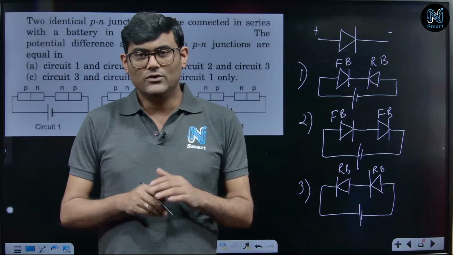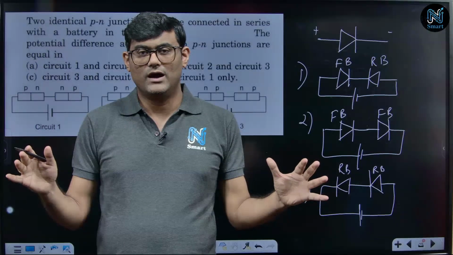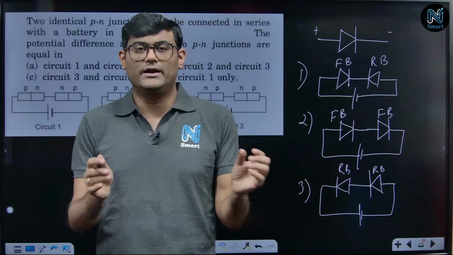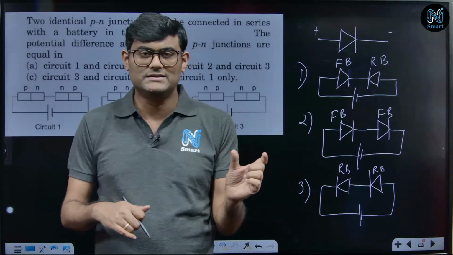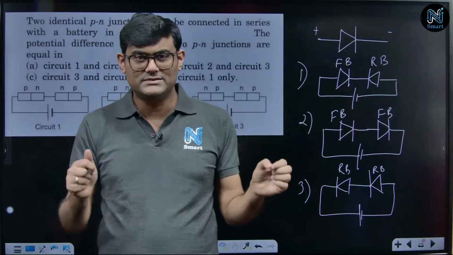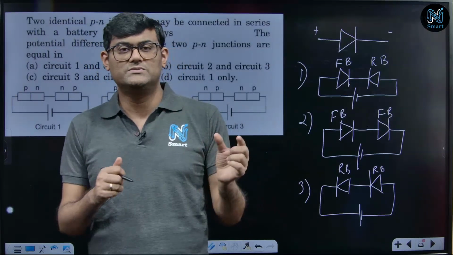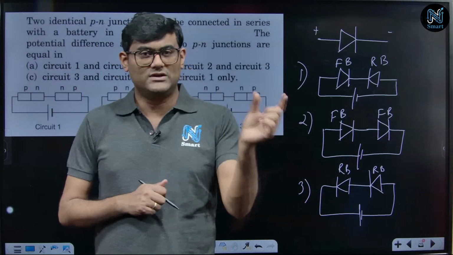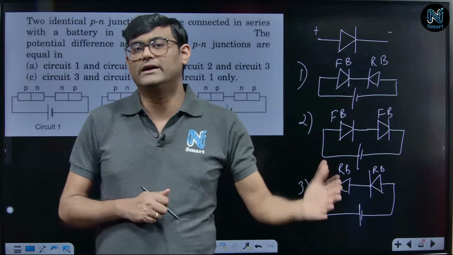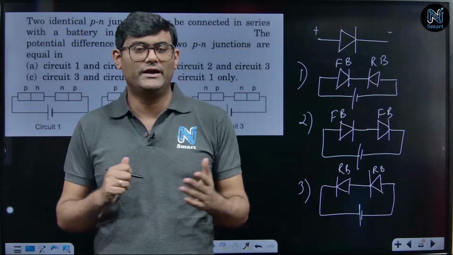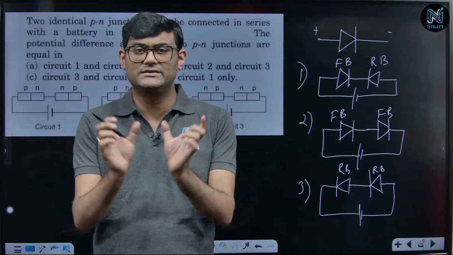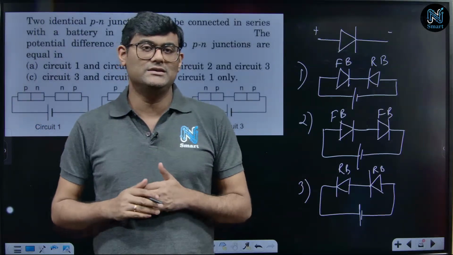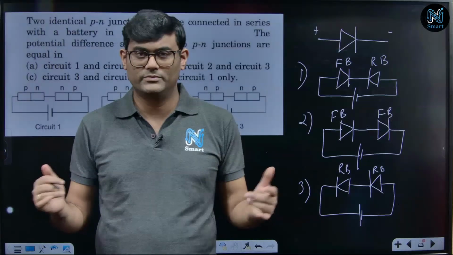So when you connect one small resistance and another bigger resistance in series, of course the potential differences across them are not going to be the same. But if both diodes are forward biased or both are reverse biased, then you are connecting two identical resistors in series, and you can claim the potential difference to be the same, right?